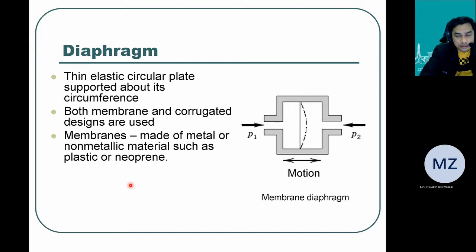So the effect is actually on the range. If you use metal as the membrane, it can have a large range for pressure measurement, but it is less sensitive.